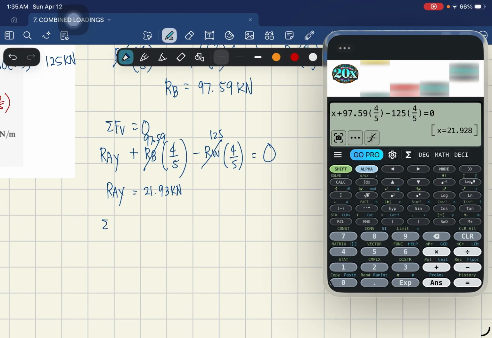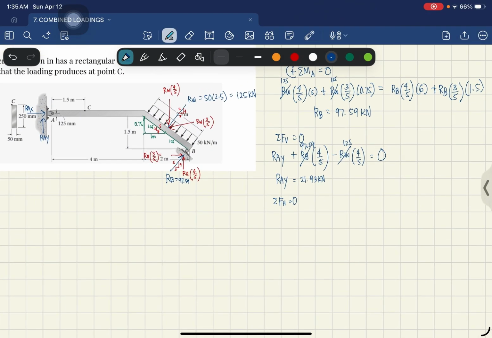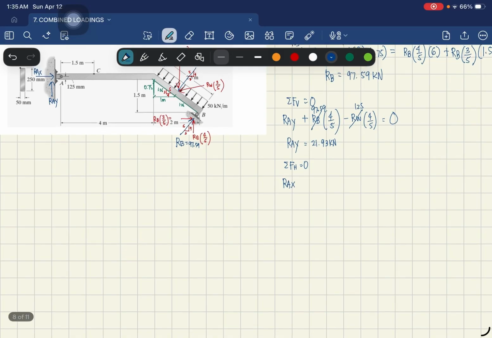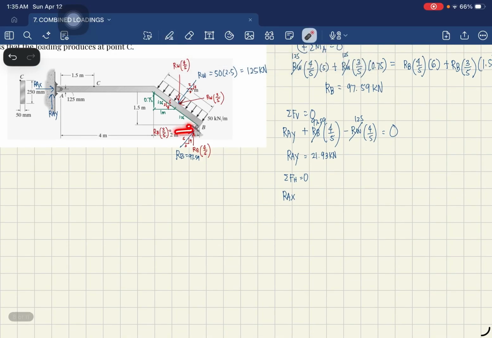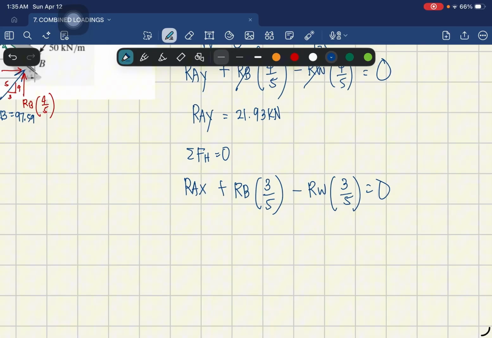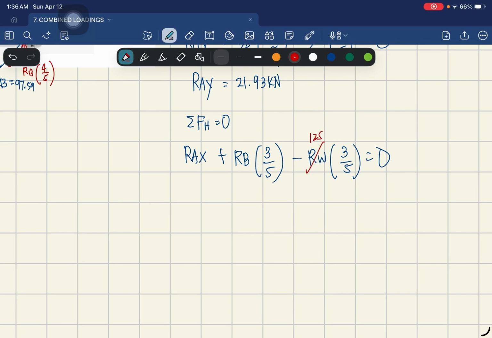21.93 kilonewton. Then, summation forces horizontal equal to 0. So, kukunin naman natin yung sum ng lahat ng mga horizontal forces. So, meron tayong RAX plus yung horizontal component ng RB. So, same yung direction niya sa RAX, so addition din natin. Minus RW 3/5 equals 0. Ito, ang value niya is 125.